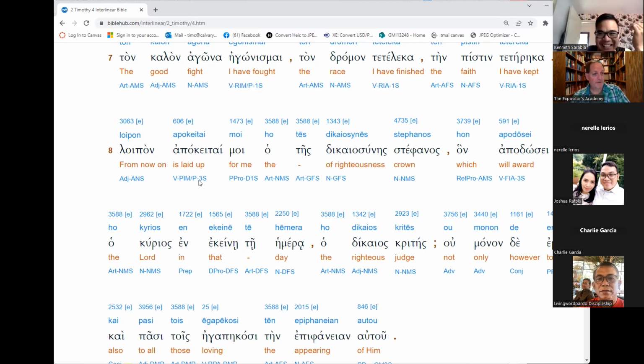But notice here again, if you carefully look at the interlinear, you'll notice that first word, this word here, really has this idea of a time, from now on, or now, or at this point, something like that.